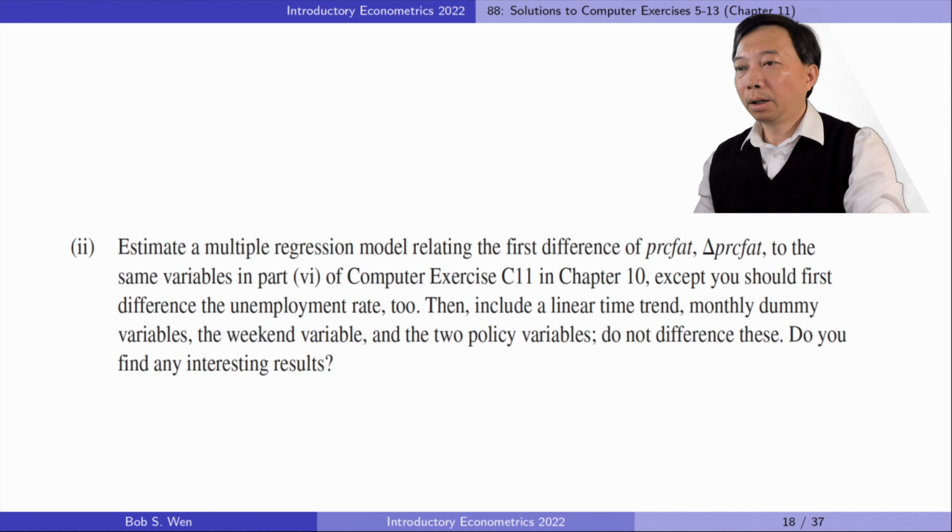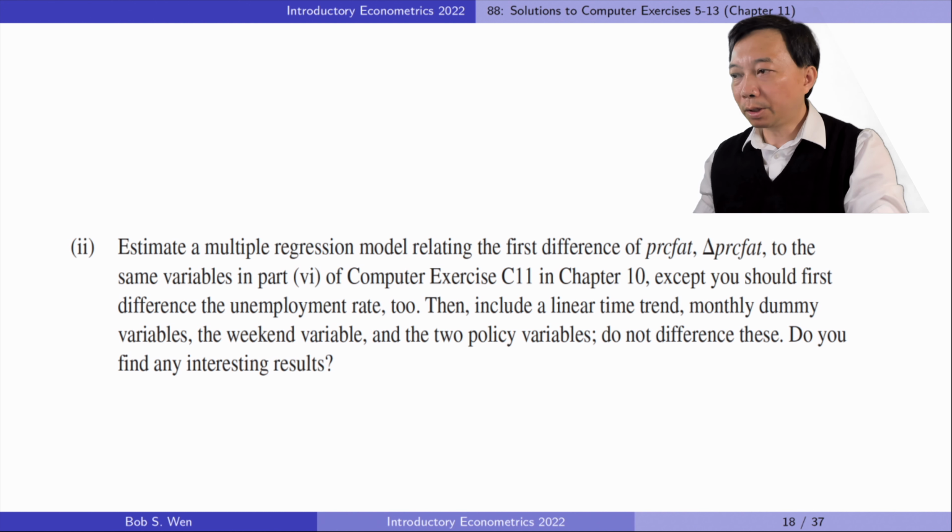Part 2. Estimate a multiple regression model relating the first difference of the percentage of accidents resulting in at least one fatality to the same variables in Part 6 of Computer Exercise 11 in Chapter 10, except you should first difference the unemployment rate. Include a linear time trend, monthly dummy variables, the weekend variable, and the two policy variables.